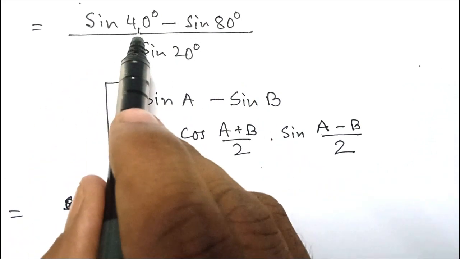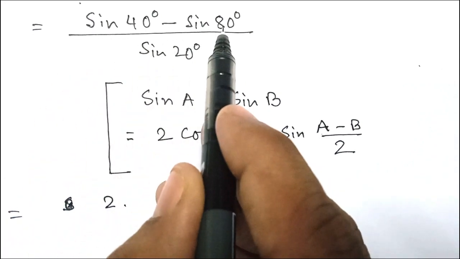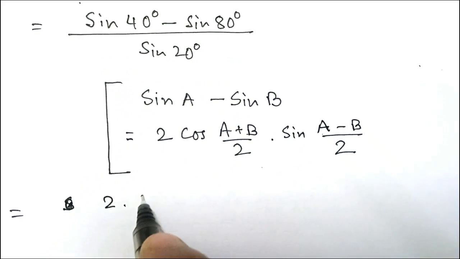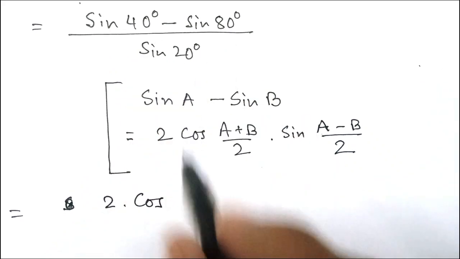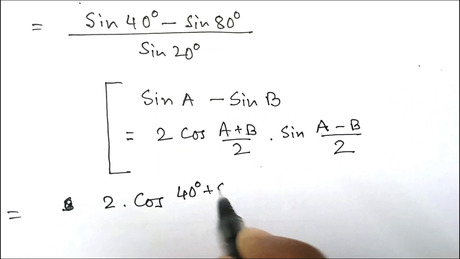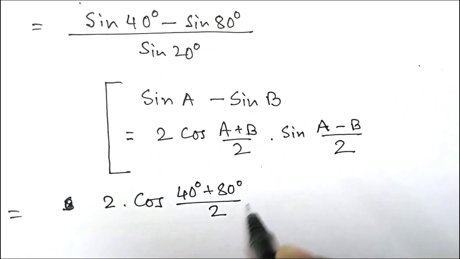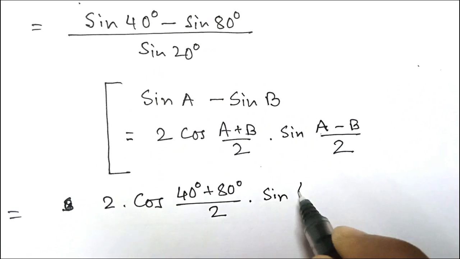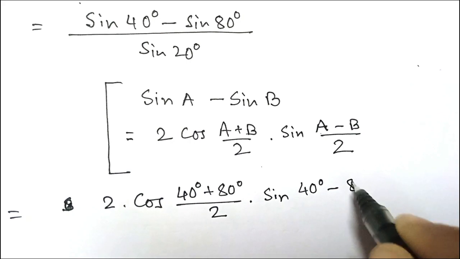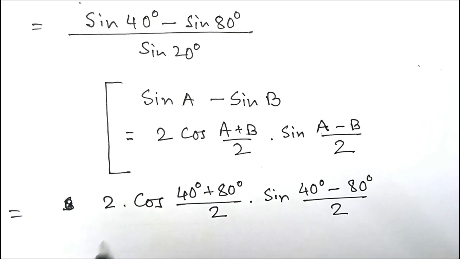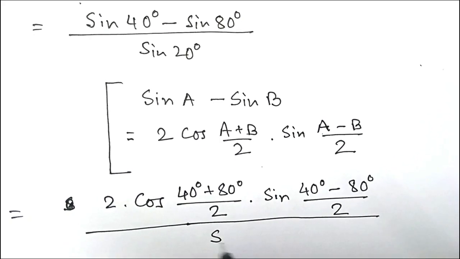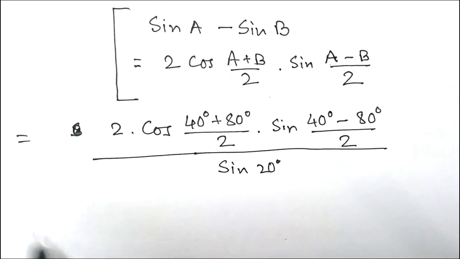So we consider A is equal to 40 degree and B is equal to 80 degree. So it will become 2 cos (40 plus 80) by 2 into sin (40 minus 80) by 2, and there will be sin 20 degree at the denominator.